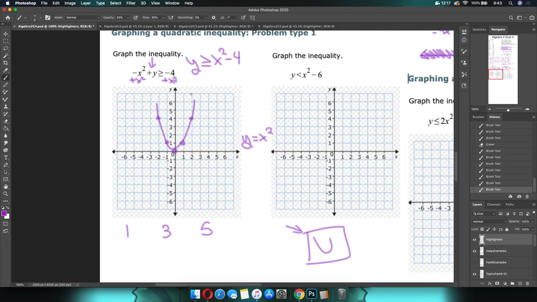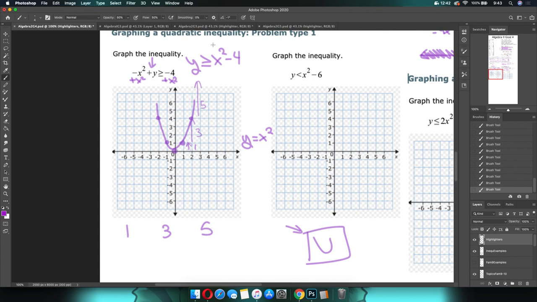But there actually is a pattern here that I want to point out to you. When I'm looking here, I went up 1 square. From here to here, I went up 3 squares. If I'm going from 4 all the way up to 9, I'm going up 5 squares. That's where the 1, 3, 5 rule is coming in.